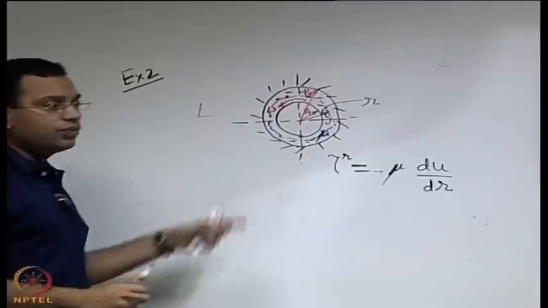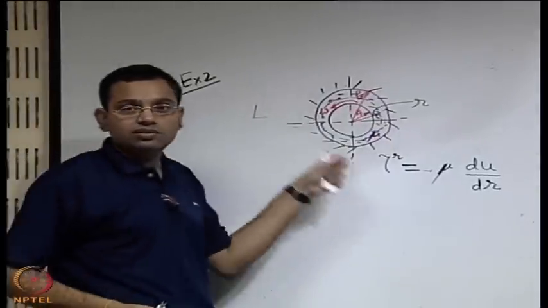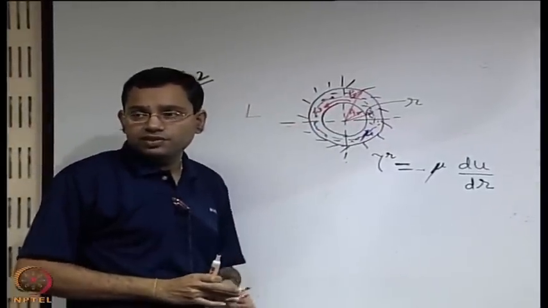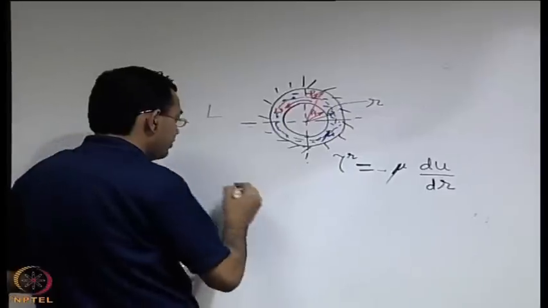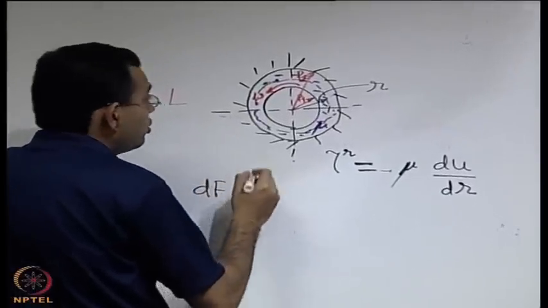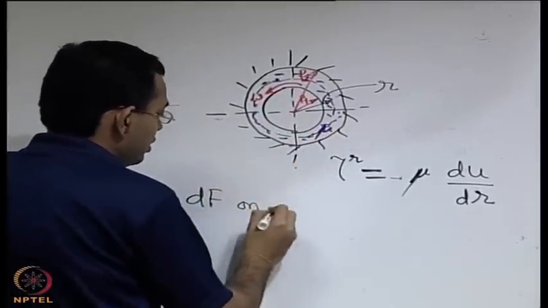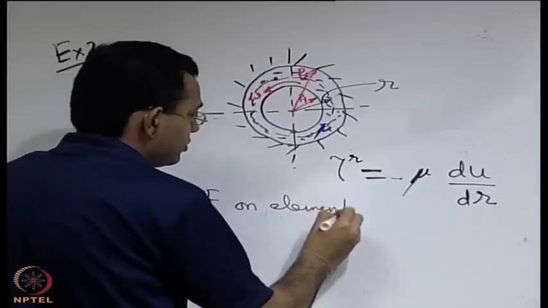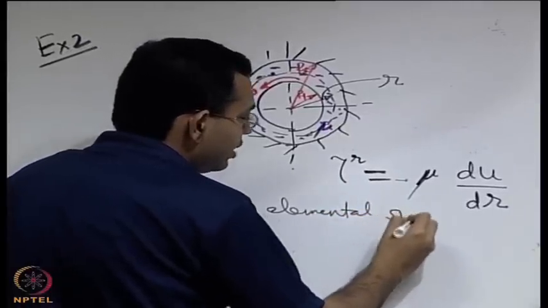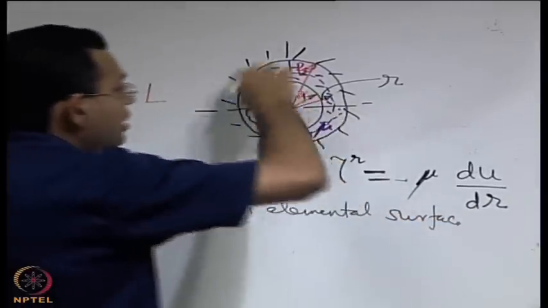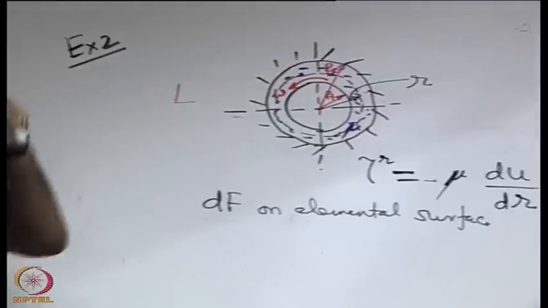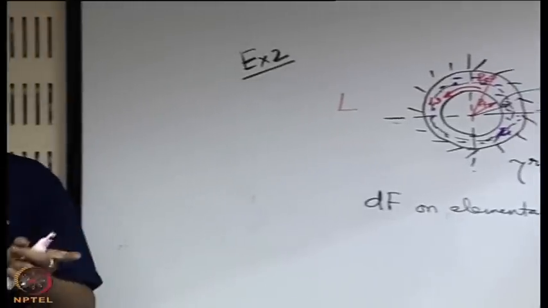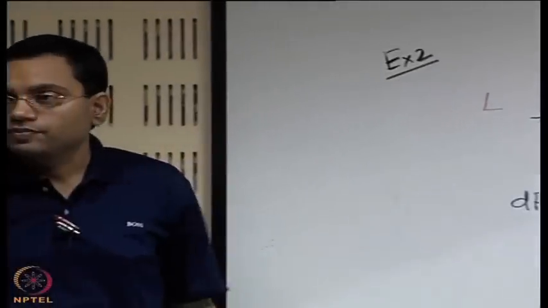If it is a Newtonian fluid, then what is the shear force which acts on this elemental surface? So let us say dF is the shear force on the elemental surface. We have already identified the elemental surface, that is the surface of the imaginary fluid with the dotted line as its radial envelope.